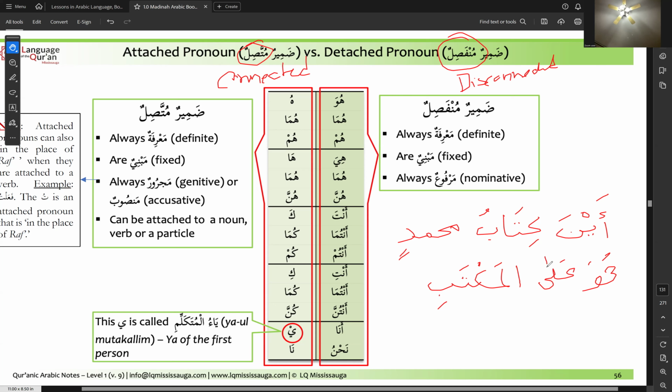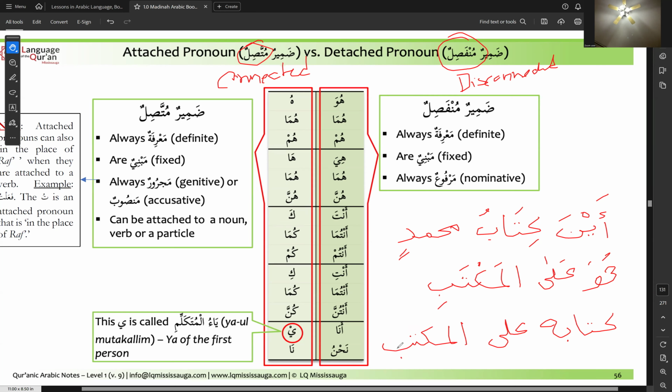Then to add on to it even more, to describe it, or let's say about Muhammad, I can say kitabuhu alal maktabi.